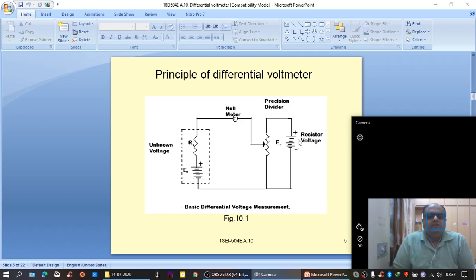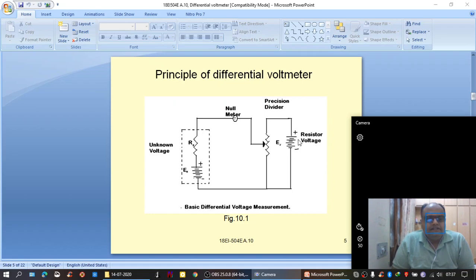And one more point to be observed here is, when the two voltages applied to the terminals of the null detector are equal, zero current is flowing through the null detector.